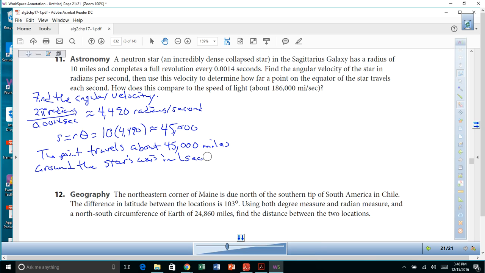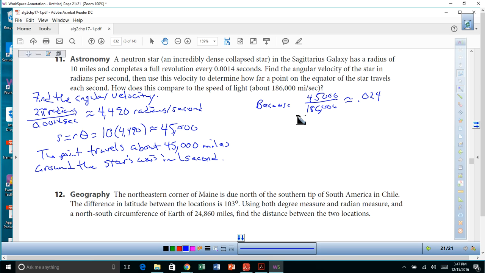About misspelled second. All right. Let's see here. Because 45,000 over 186,000, that's about 0.024 in the calculator.